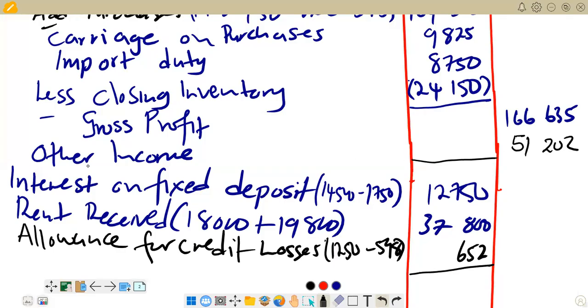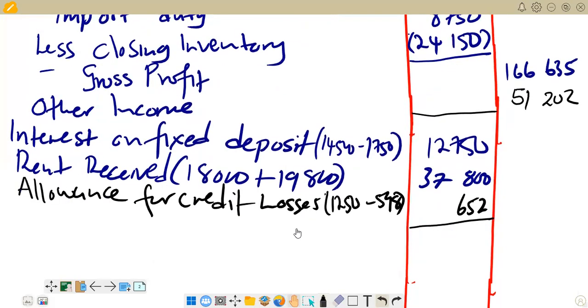So we are adding other income here to the figure for gross profit to get the figure that we are going to put here for gross income for the year. So again, we are going to add there. So we are going to say 166,635 plus 51,202. And if you add those two figures, you are supposed to get 217,837.